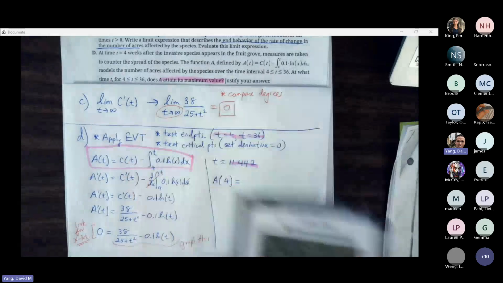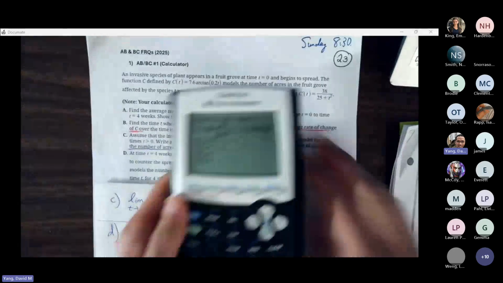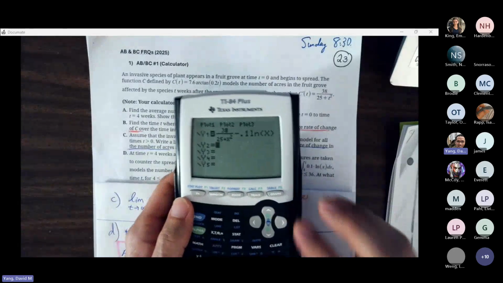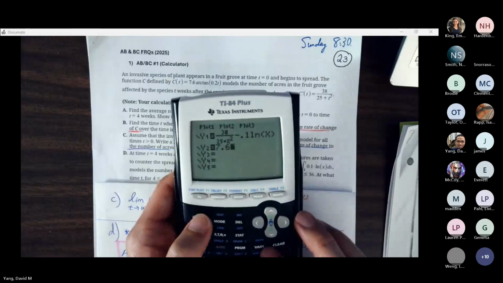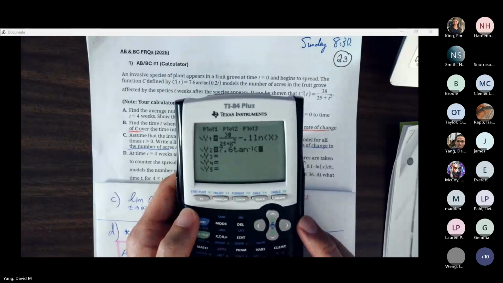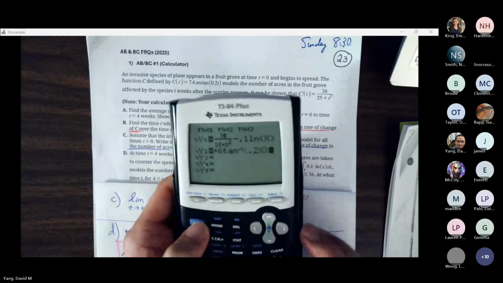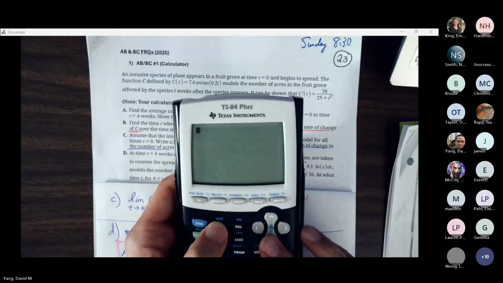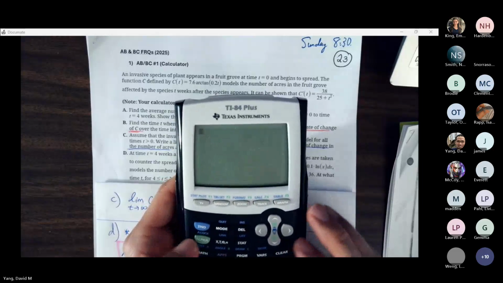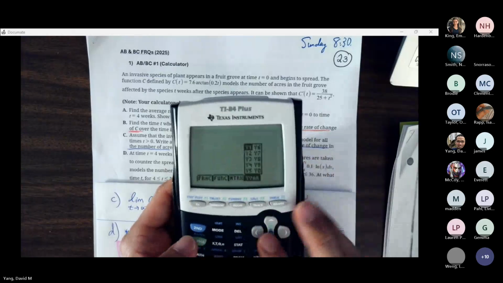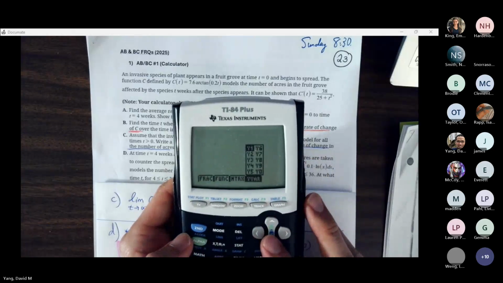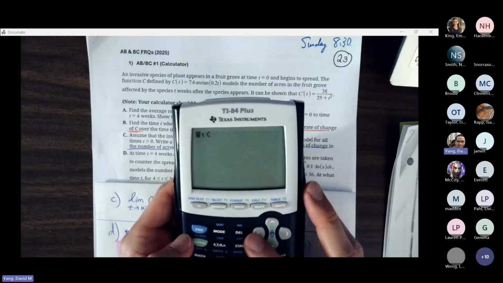So my C of t, I'm just going to reference that again. So C of t, I'll put it under Y2.